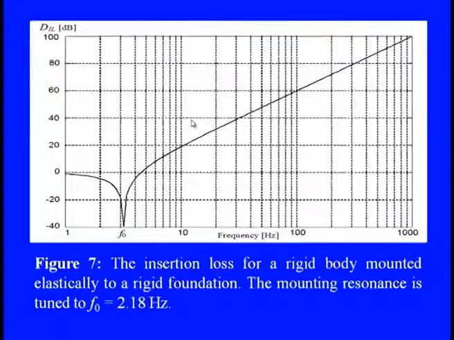But even when the system is exciting at higher frequencies, or even when the system is exciting at the resonant condition, the insertion losses are quite significant with the spring controllers. So, you can see the insertion losses for a rigid body mounted on a rigid foundation, with the mounting resonance being 2.18 Hz in this example.